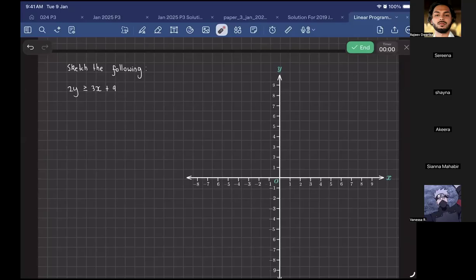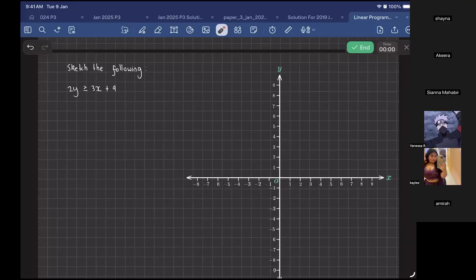Okay, so I got pictures from three persons, for Amira and Kaylee and Akira. I'm waiting on you guys. Sienna, let me check what you did over here. I don't know if I shared the inequality in the correct place. We shall see.